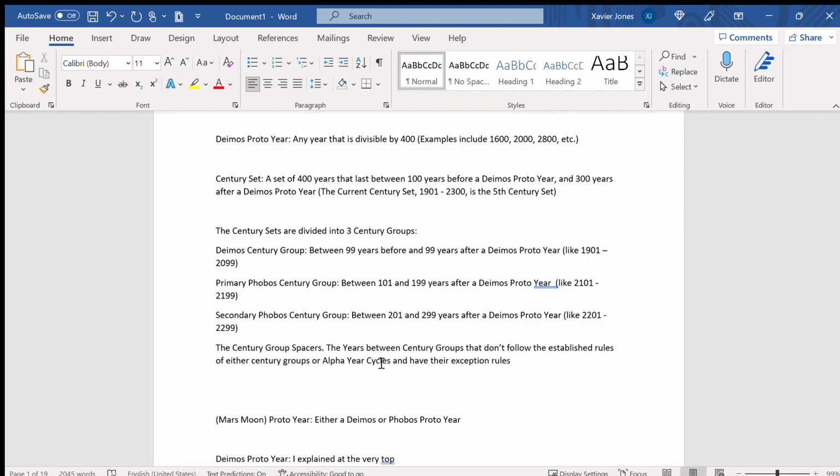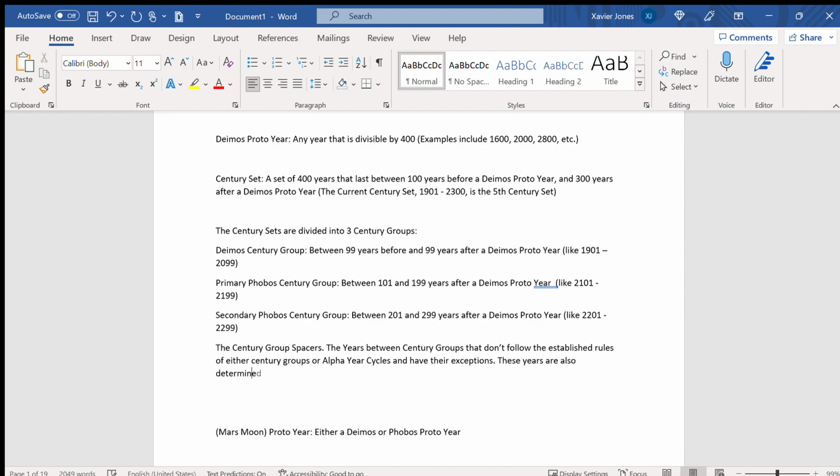These years are also defined as years that are divisible by 100, but not 400. We're going to call them the century group spacers.